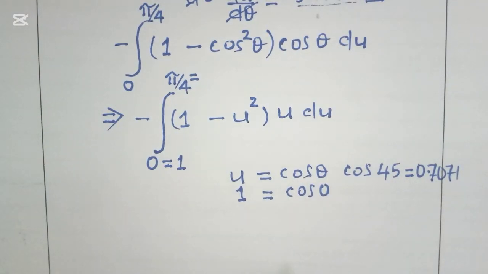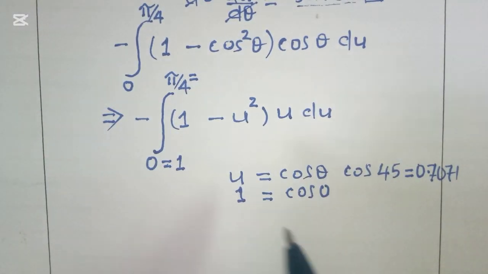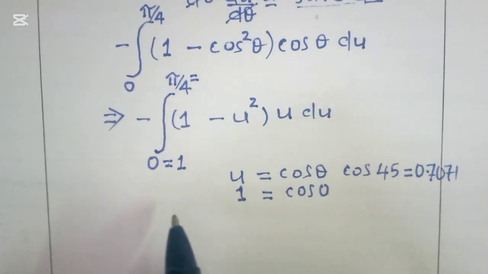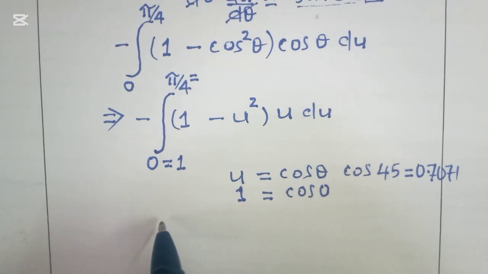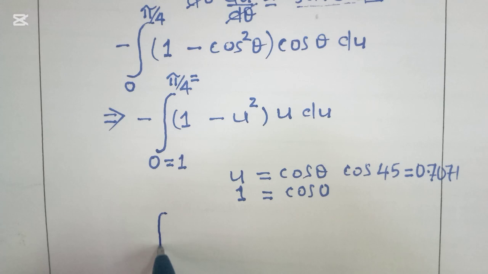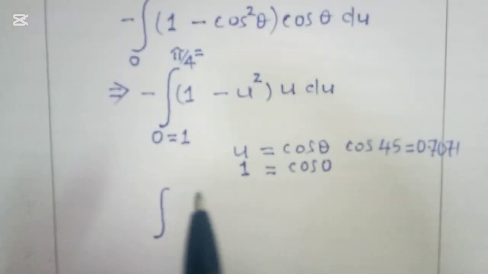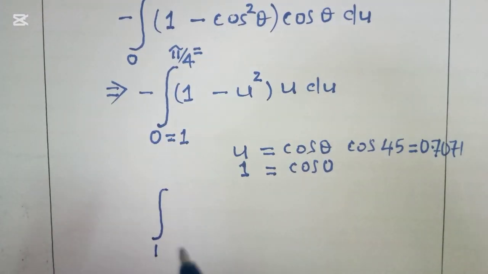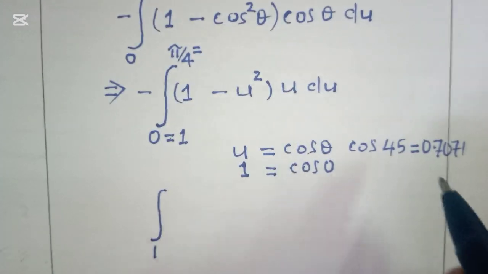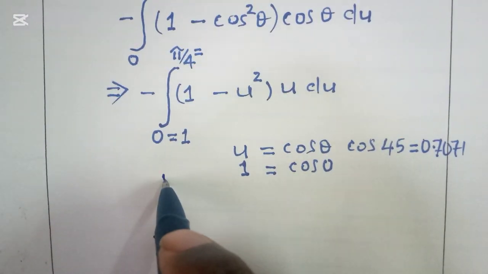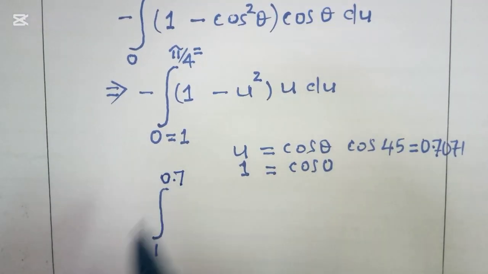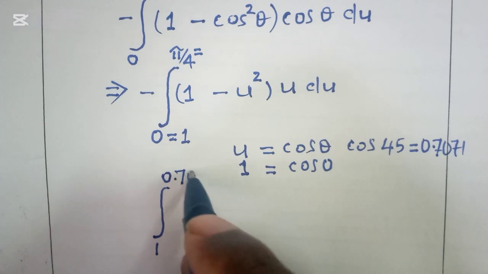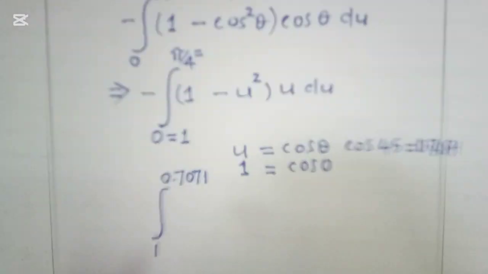So guys, after replacing that, we now place our figures here, whereby we have 1 here and 0.7071 here. Then we have this.